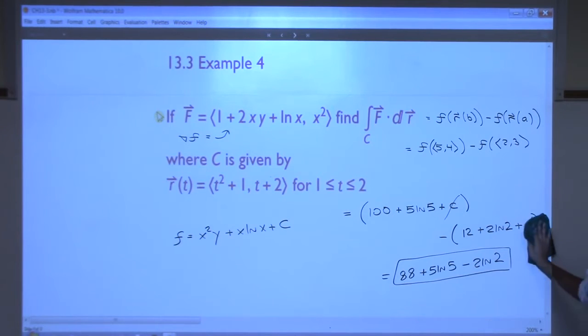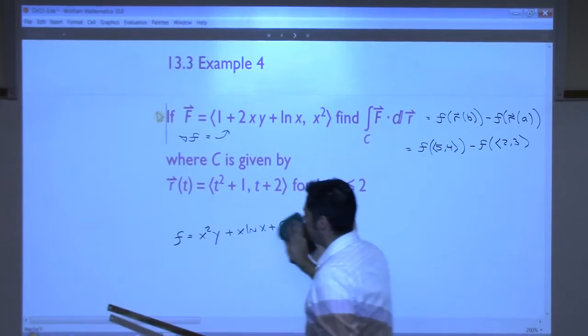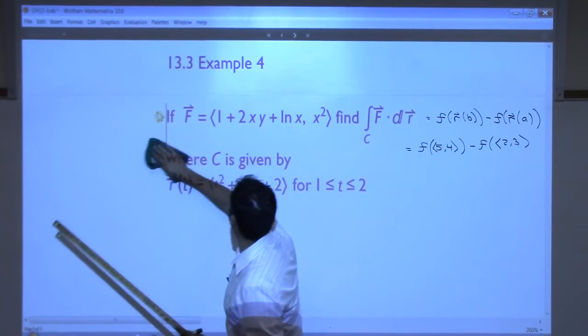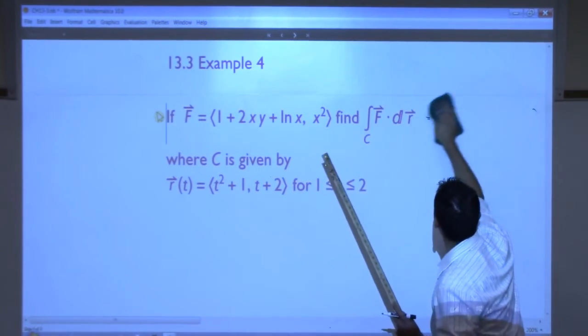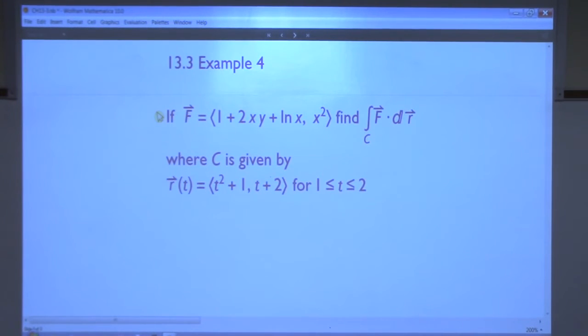But it requires it's conservative, right? Not conservative, no go. And you're stuck with the old way. So I believe on your take-home test, I do give you a vector field that is not conservative, that you have to do the hard way, the long way, and one that is. And you have the choice on that one.